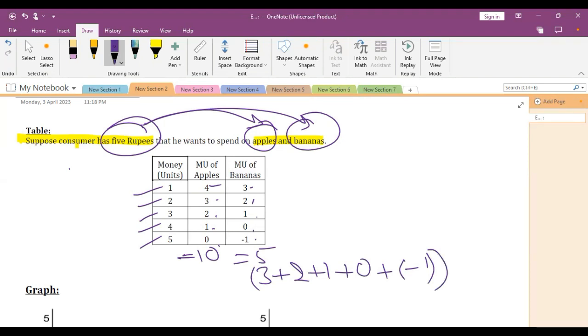Okay, let's try to expend this money on apples and bananas in such a way that the total utility that we are going to obtain is maximum.